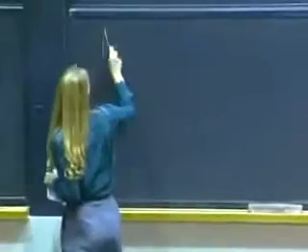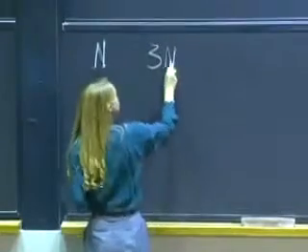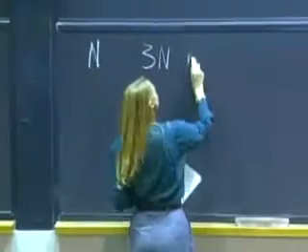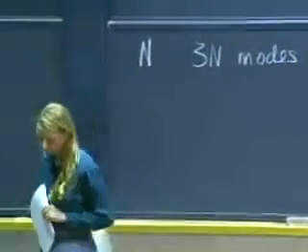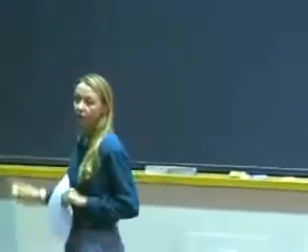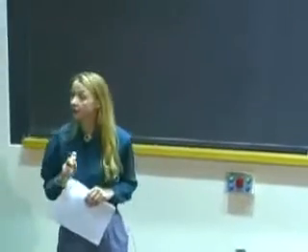And so in general here, if we've got a molecule that has n atoms, a molecule with n atoms has 3n degrees of freedom, or 3n modes. And we said last time that 3 of those 3n modes are always translational modes.